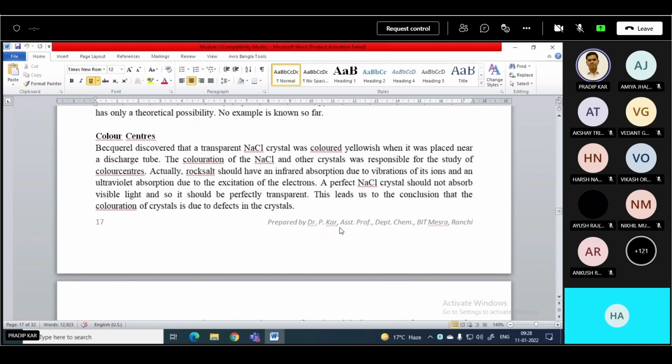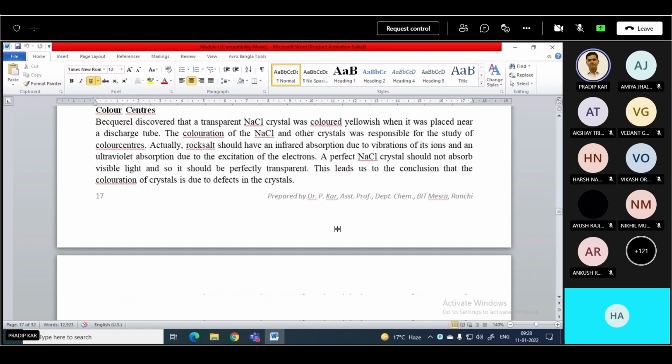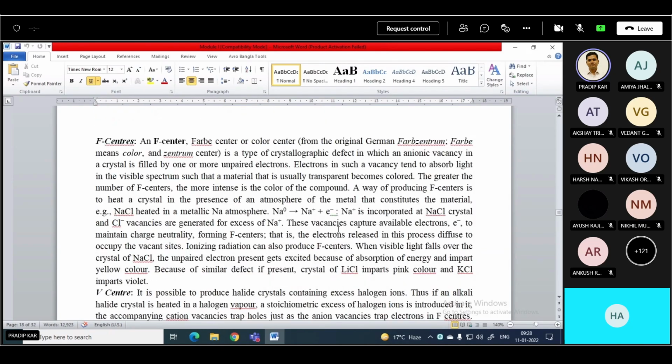This is due to the defects present in the NaCl crystal, to which we give two names, F-center and V-center. F-center has an original German name, Farbe Zentrum.